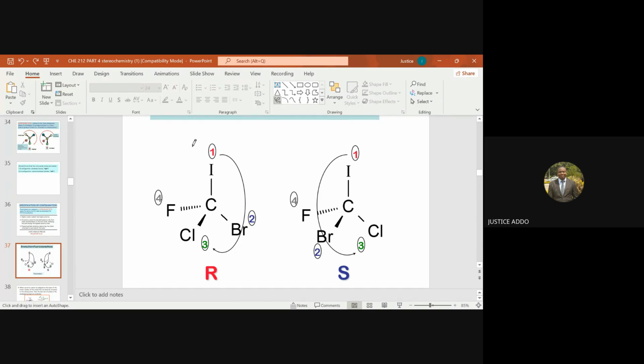And so we say it's Rectus. So the configuration around this chiral carbon here is R. Now, when you come to this side, when you start from 1 and you move to 2 and you move to 3, the direction is counterclockwise, anticlockwise, and that is sinister, S.